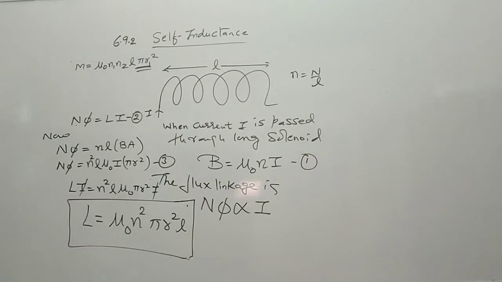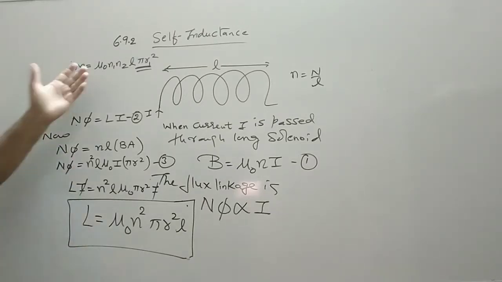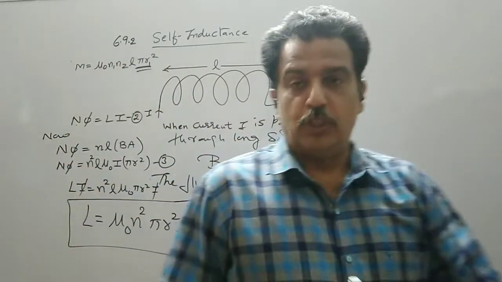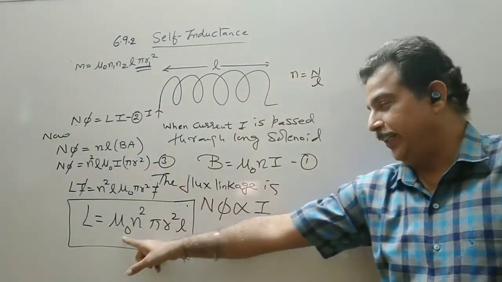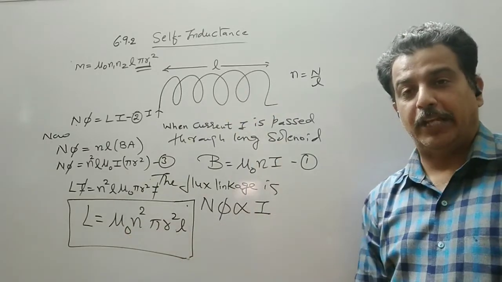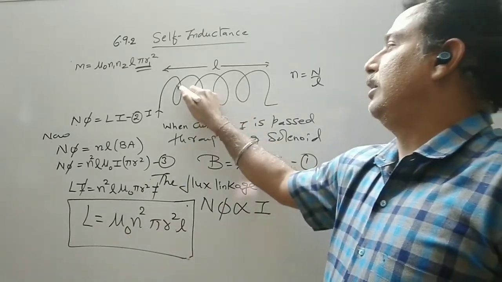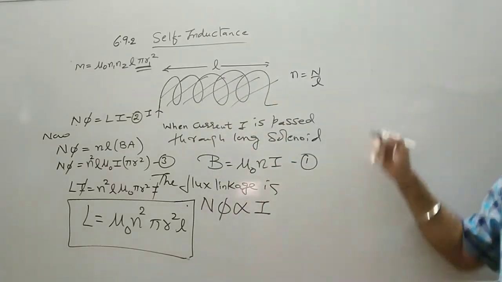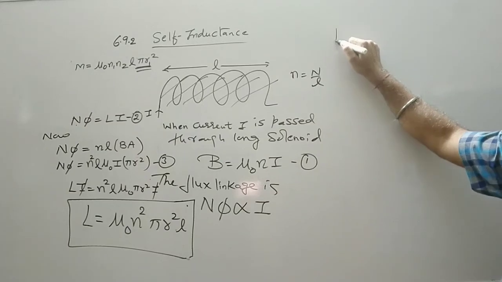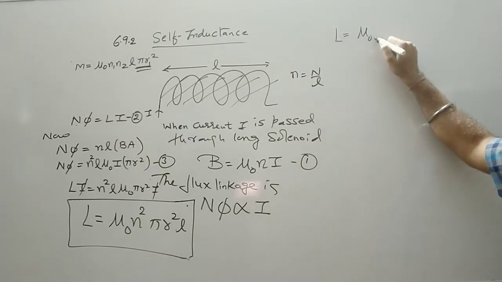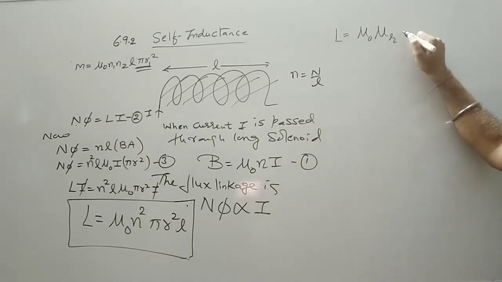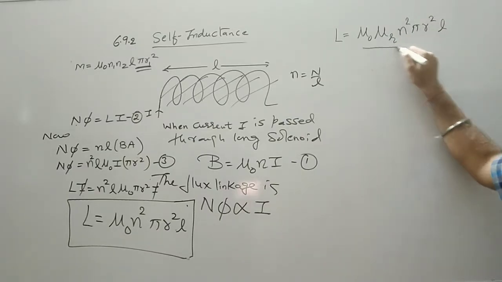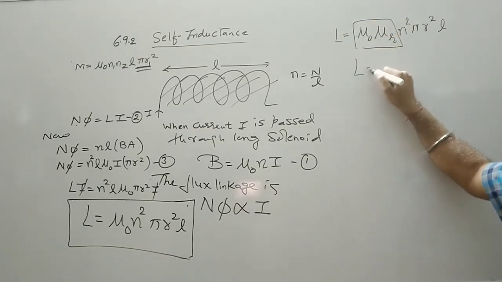So it is similar to the mutual inductance. There we have subscripts 1 and 2. Here we don't have any subscript. So this is when the medium in the solenoid is vacuum. If you fill this solenoid with some other material, then L can be written as mu naught mu r n square pi r square L, and later on we will see this is nothing but mu.